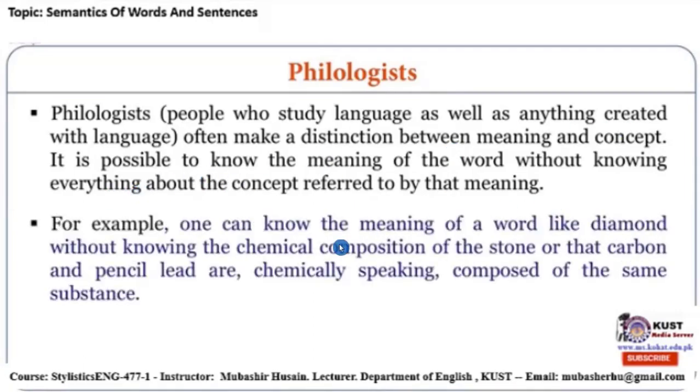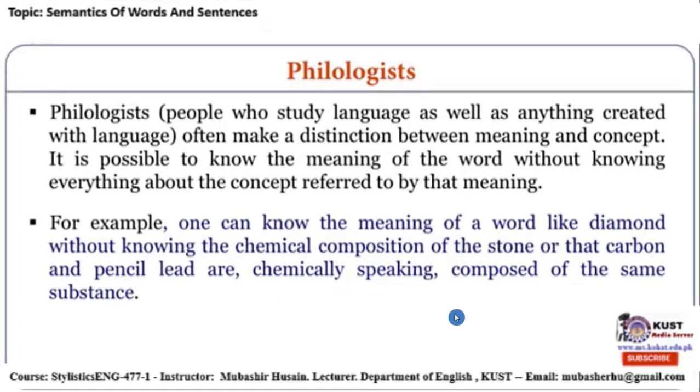For example, one can know the meaning of the word diamond without knowing the chemical composition of this stone, such as carbon or pencil lead. I know this is a diamond, but I cannot tell you the composition of this diamond or its chemical names. Chemically speaking, it is composed of substances we are not aware of.